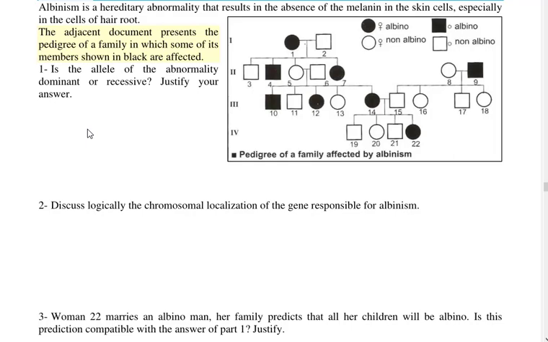Now, if we want to deny that it is on the homologous part, what do we do? We need to look for an affected father. We search for an affected son and an affected daughter together with a normal father.